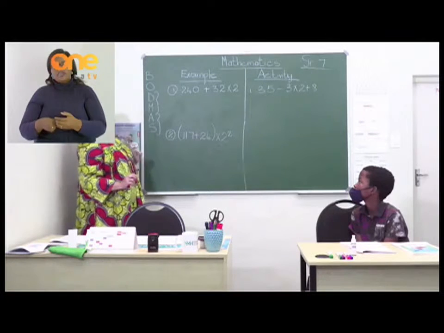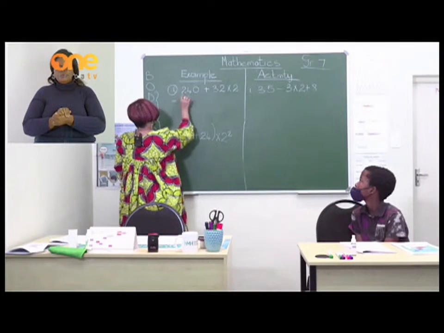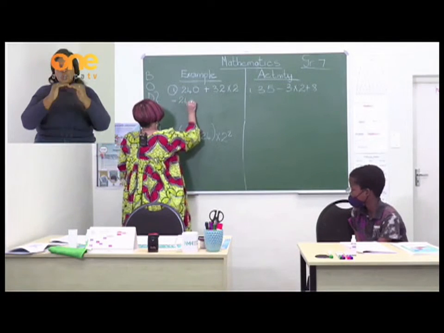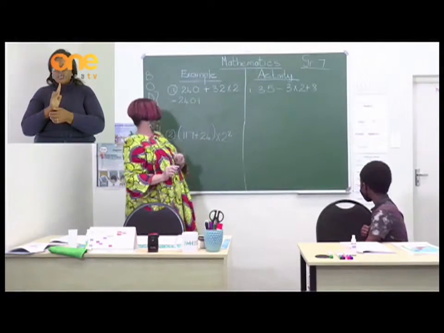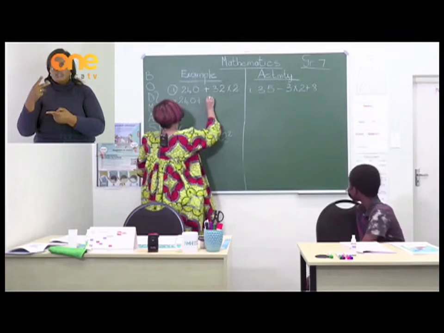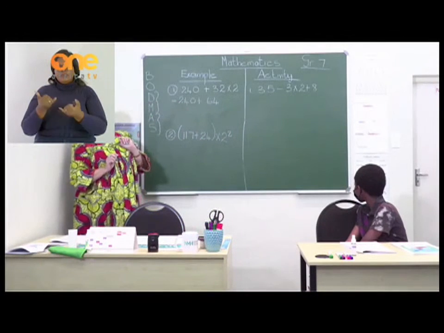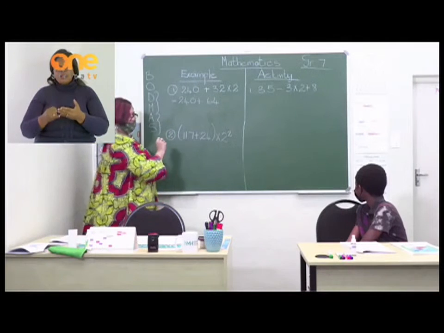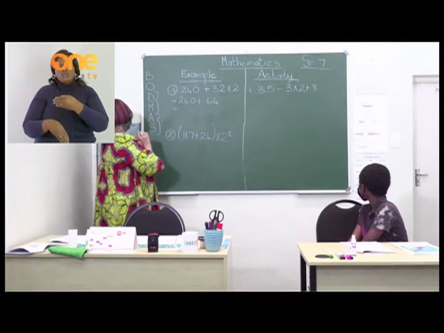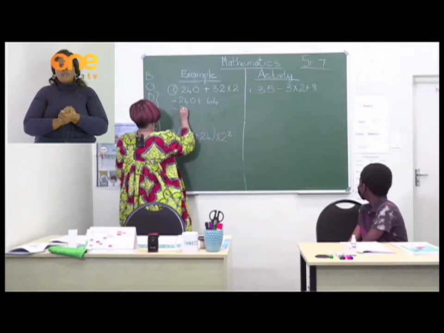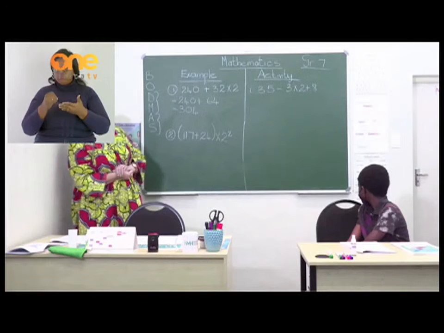According to BODMAS, multiplication will be done first. You are correct. So let's bring down what we have there, 240 plus, and I find the answer to my multiplication sum, and that is 64. Right, I only have one operation left, so I will do that operation. So 240 plus 64 will give me 304.